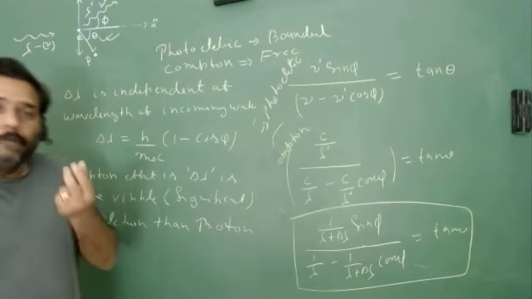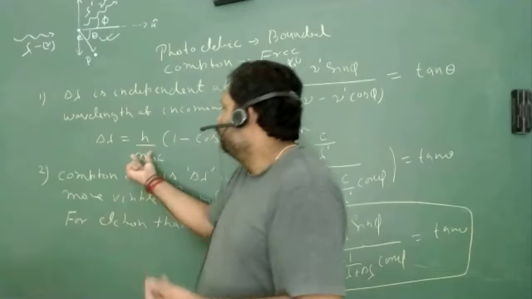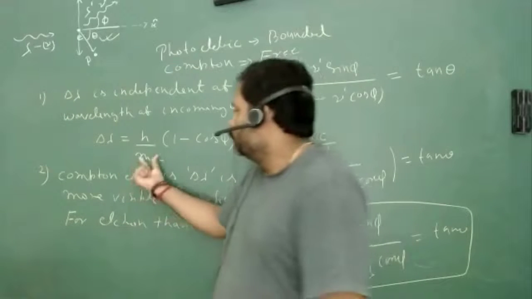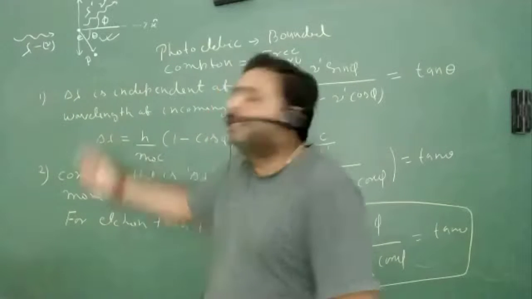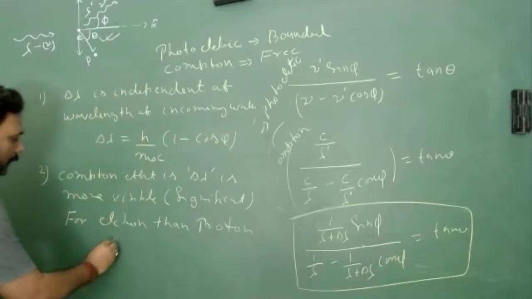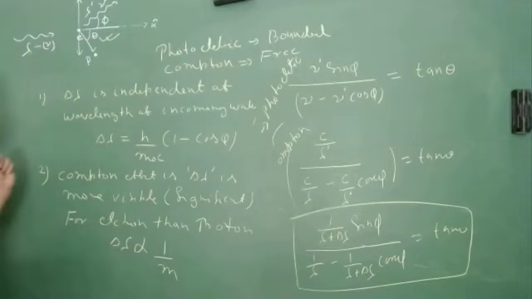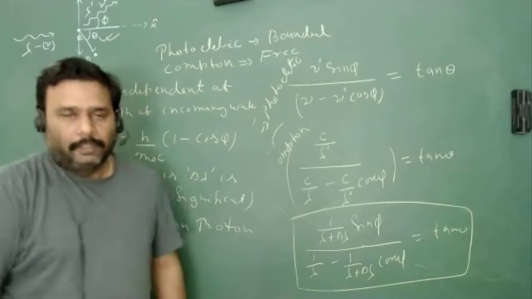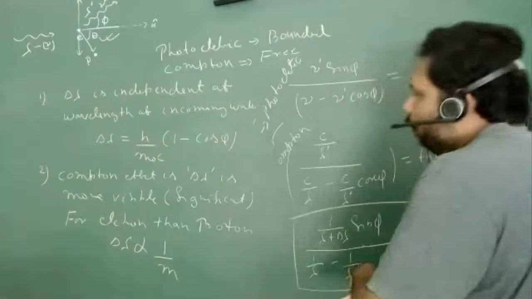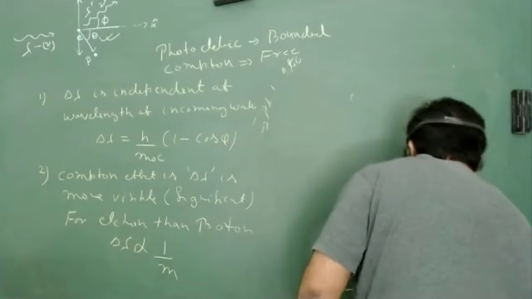So for a bound electron, the mass approaches infinity, so it is very difficult to recoil the electron. With mass going to infinity, delta lambda goes to 0. So delta lambda is related to the mass of the particle on which the scattering takes place.